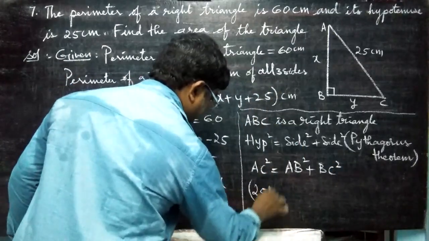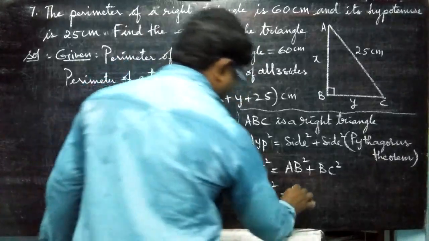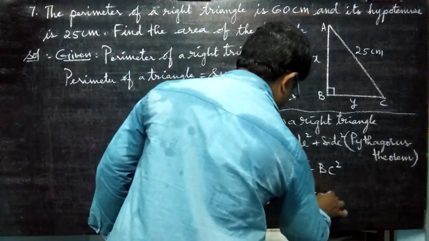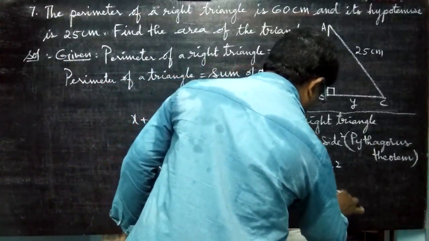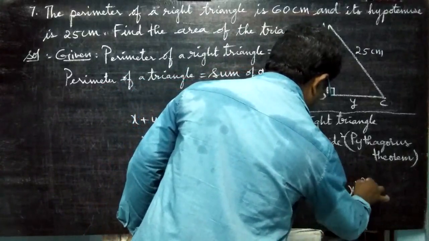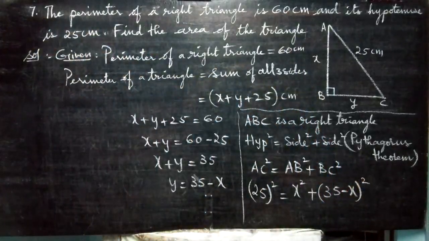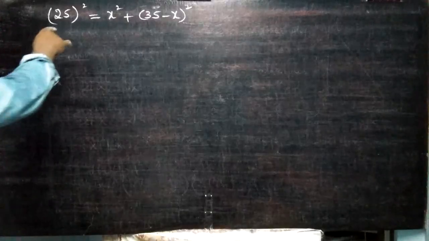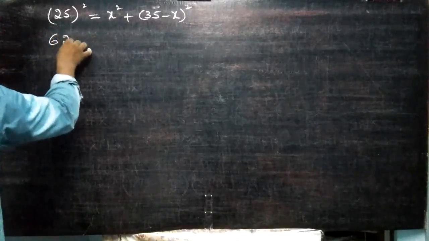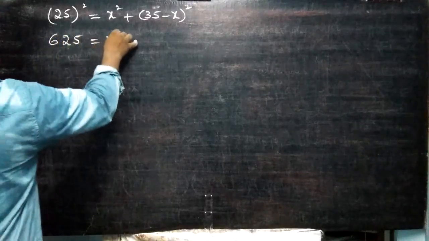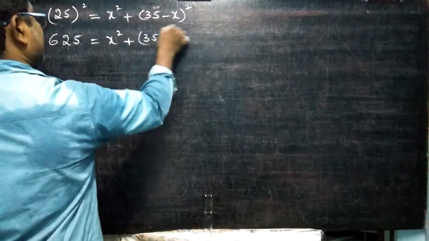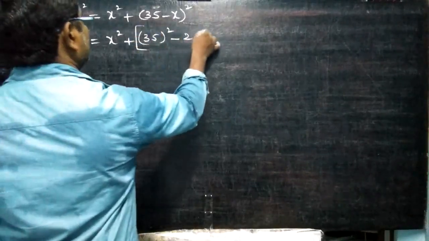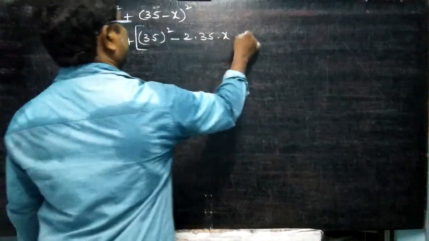25 whole square is equal to AB is x, x square plus y square, y is 35 minus x, whole square. We will simplify it. 625 is equal to x square plus (a minus b) whole square, a square minus 2ab plus b square.